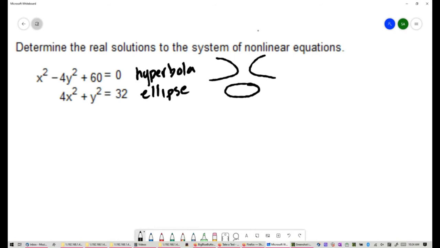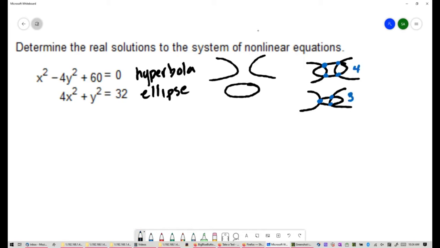coordinate plane, we could get 4 solutions to this system. We could get 3 solutions if our hyperbola and ellipse are just touching each other in that way. So we could have 4, we could have 3.